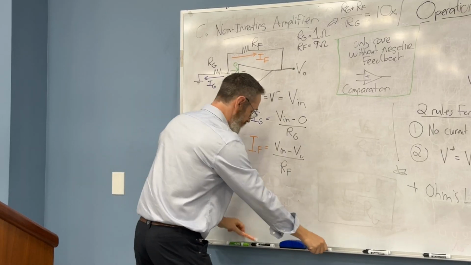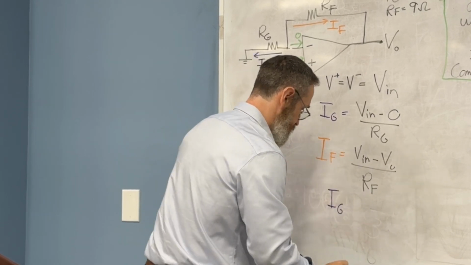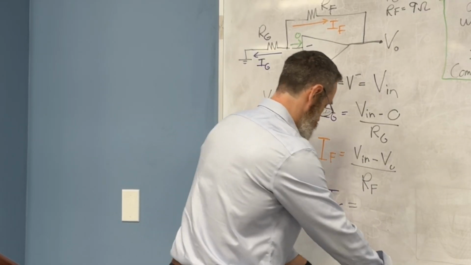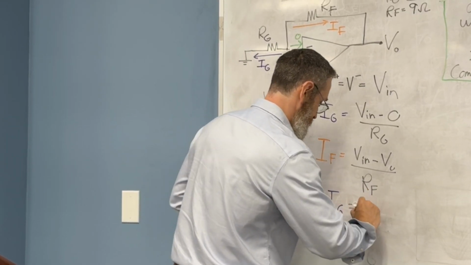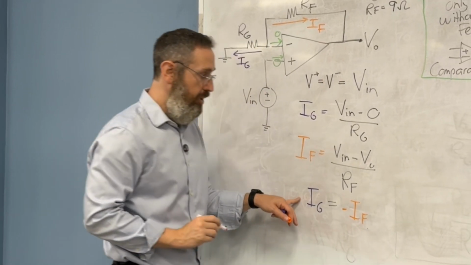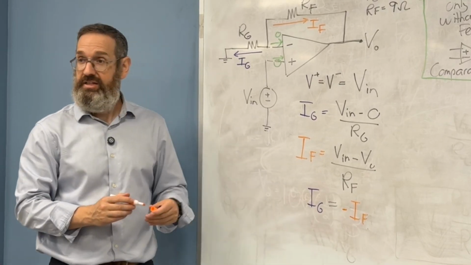So in fact, I would have to write that I sub g is equal to negative I sub f, right? And this is where those positives and negatives can trip you up. You have to get it right.